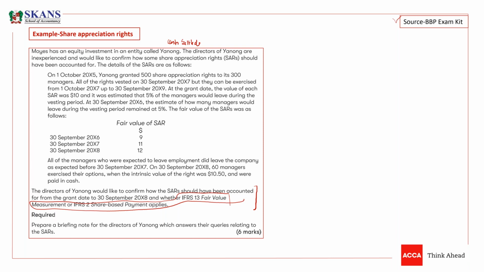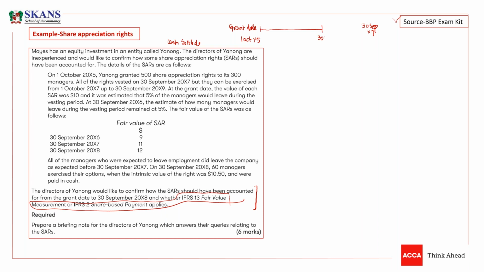What does it mean, guys? Look, what is the grant date? The grant date is 1st October X5, and the vesting date is 30th September X7. So it means we have a vesting period of how many years?